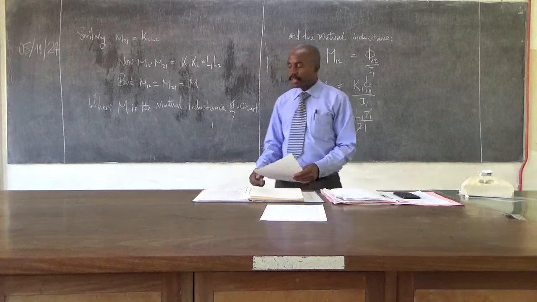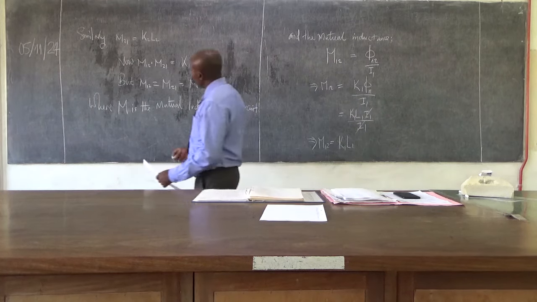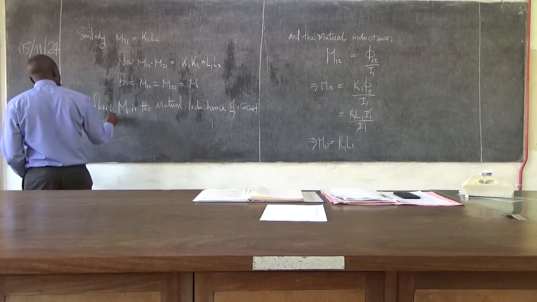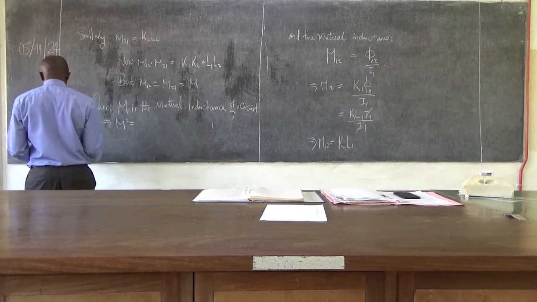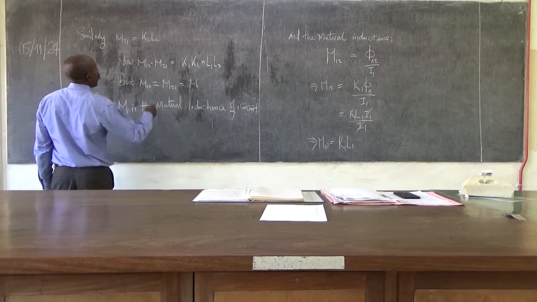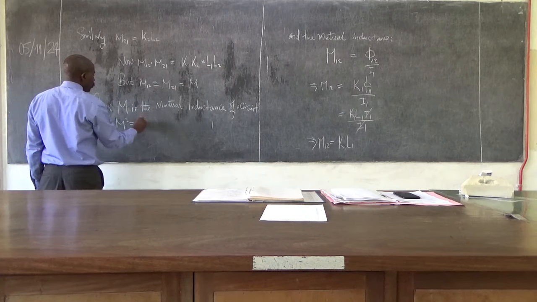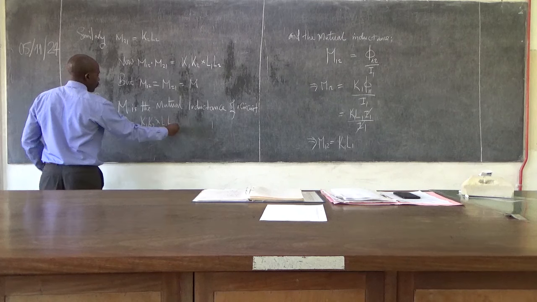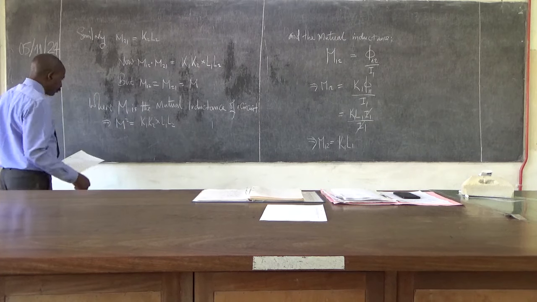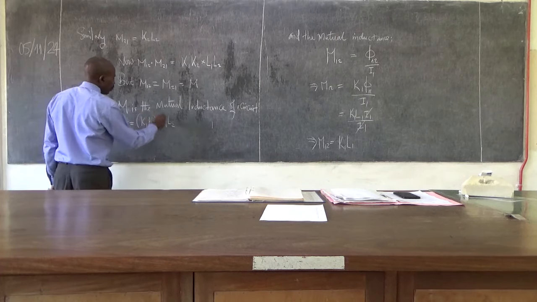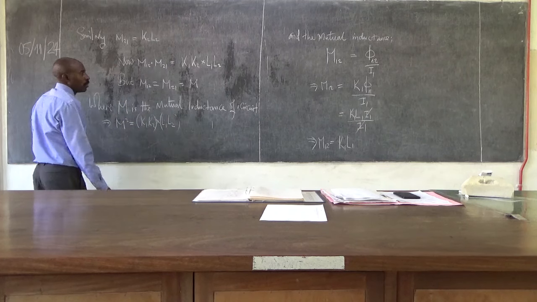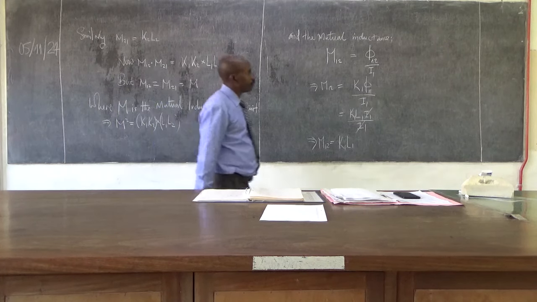So we would have that this implies that M squared would be equal to K1 K2 times L1 L2. So we can group them just for purposes of clarity.